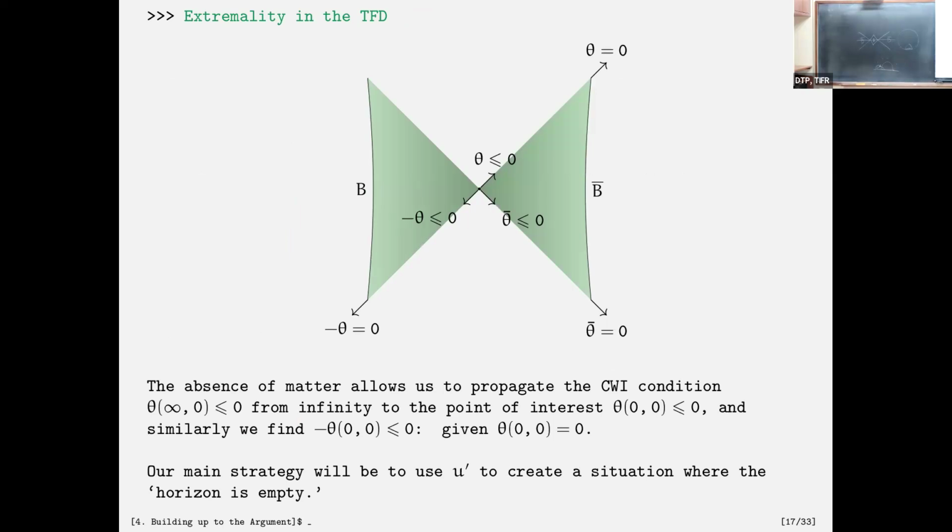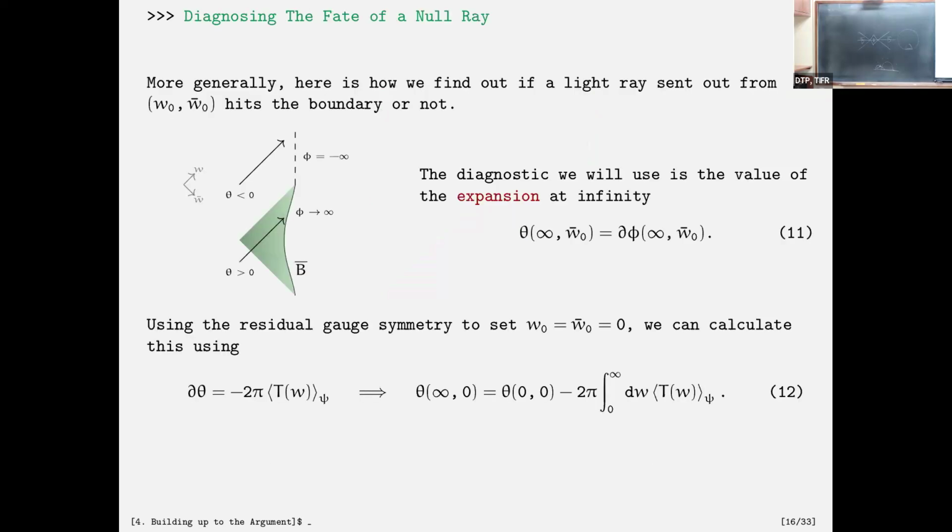The dilaton is invariant under every wiggle, which is the meaning of extremality. And basically, I'm going to try to create an empty horizon like this, so that the expansion at late times is the same as the expansion at the original point.